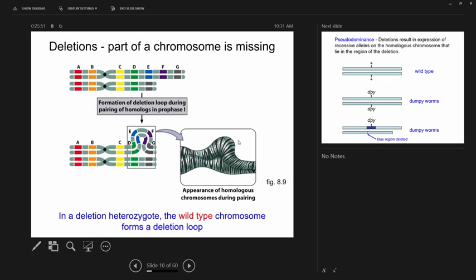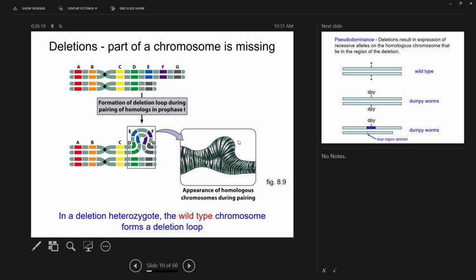But in this case, the chromosome with the bulge here, and this is what it would sort of look like in real life, is the normal chromosome. It's bulging out because the deleted chromosome is missing the E and F genes, and so it goes A, B, C, D, G.